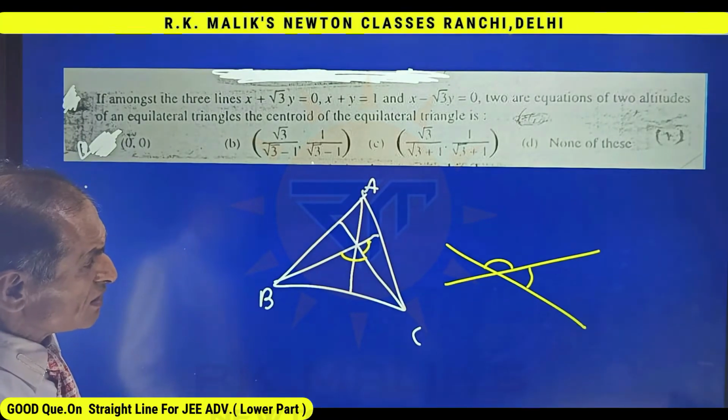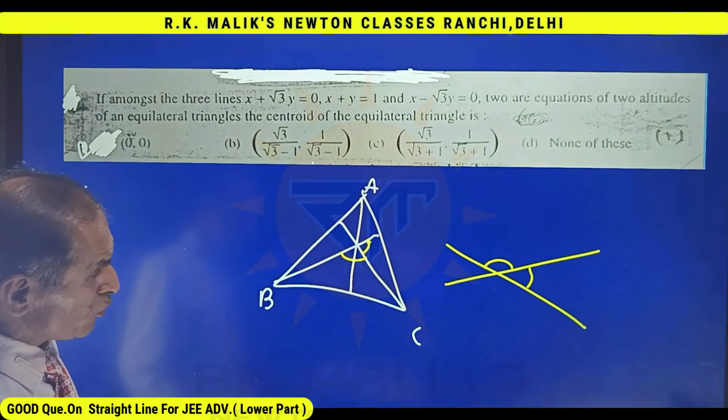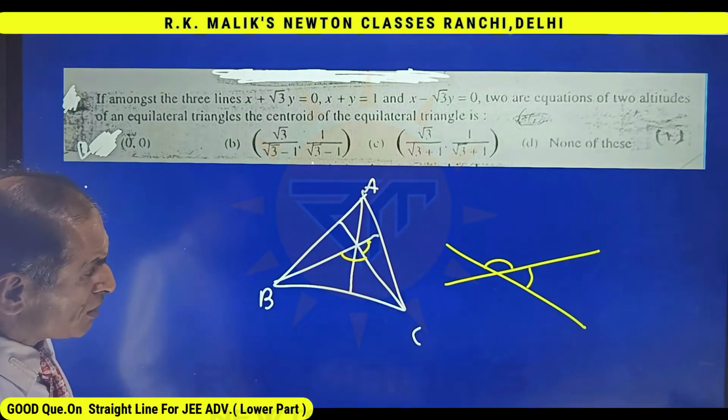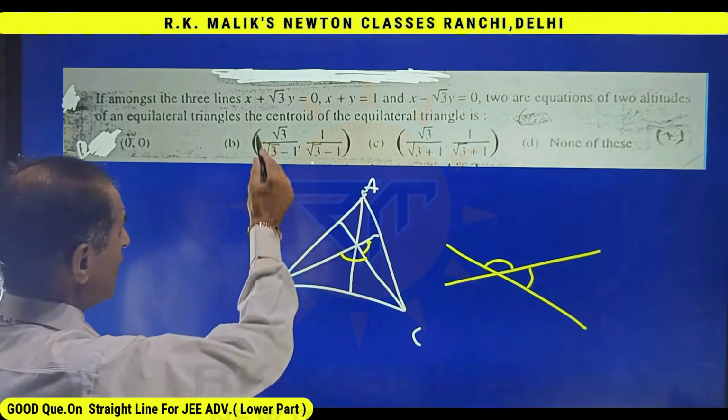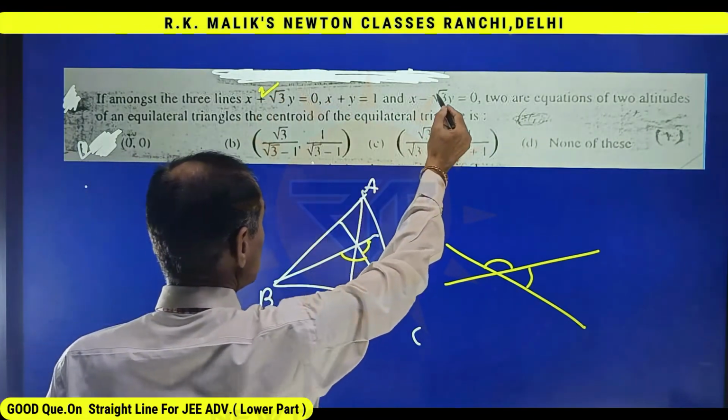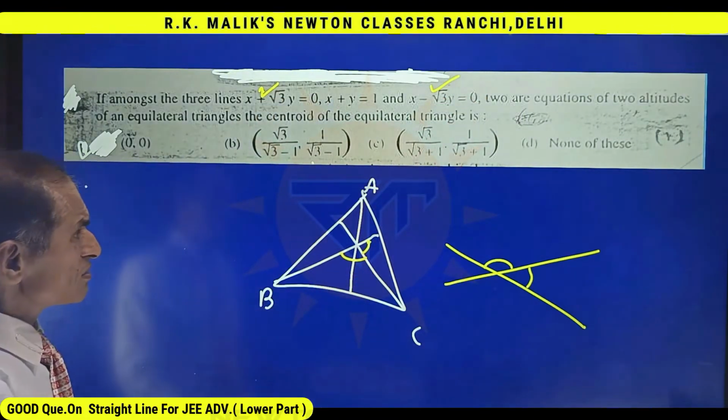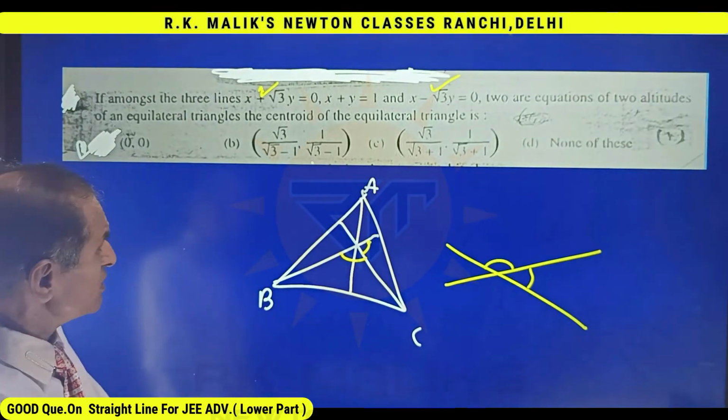That is, I can say that angle between any two altitudes in the case of an equilateral triangle is 60. Obviously, the angle between this altitude and this altitude is surely 60 degrees.